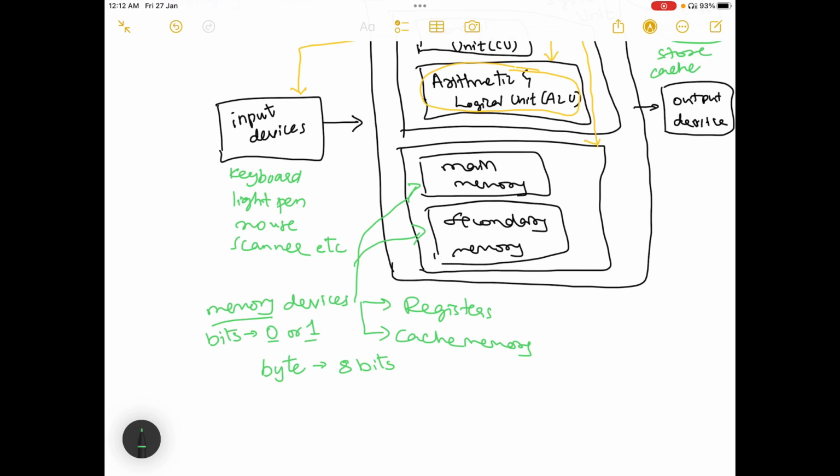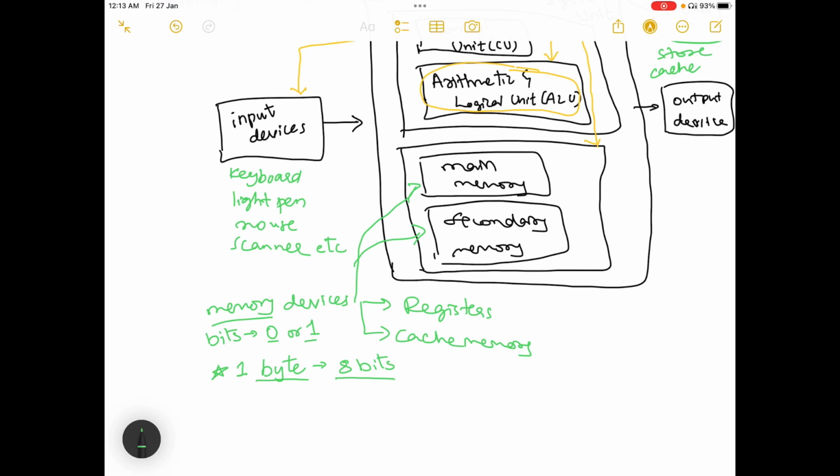When there are 8 bits in sequence, it will form 1 byte. And this 1 byte is the main unit of memory. It is the basic unit of memory. This point you need to remember.